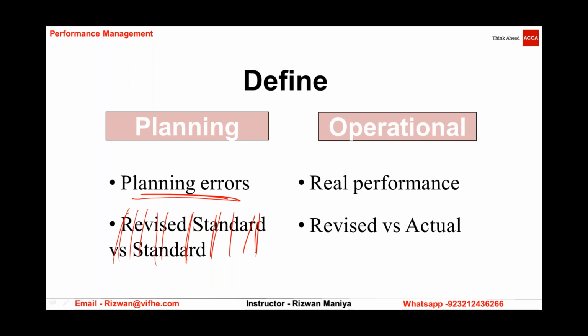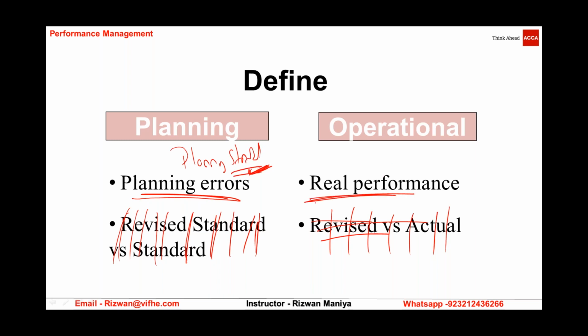Just remember two things. Planning variances reflect planning errors. Who plans? The planning team makes the standards.